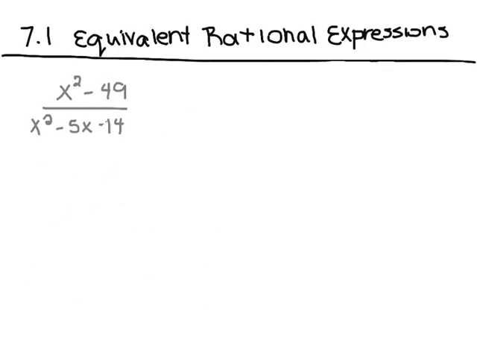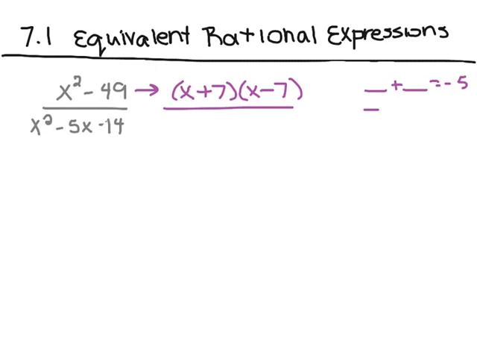When you have something that is factorable on the top and the bottom, your first step is to factor. So this is a difference of squares, so it's going to turn into x plus 7, x minus 7, and on the bottom we have two numbers that add up to negative 5 and multiply to get negative 14. You should use negative 7 and positive 2.